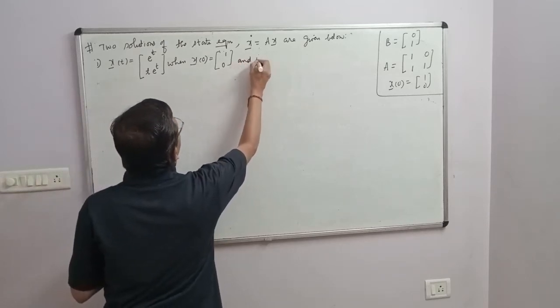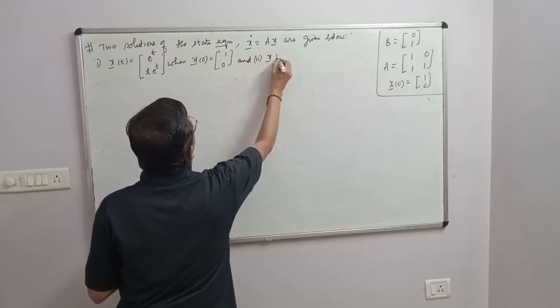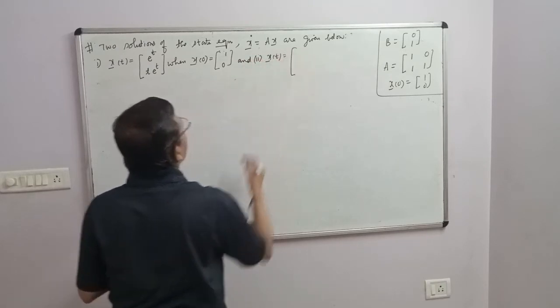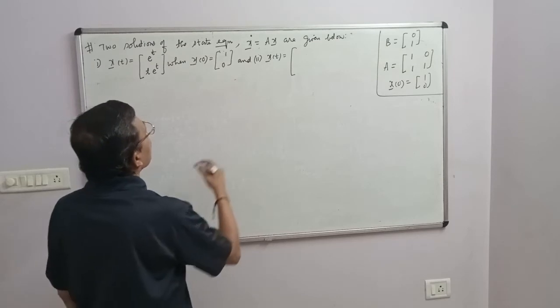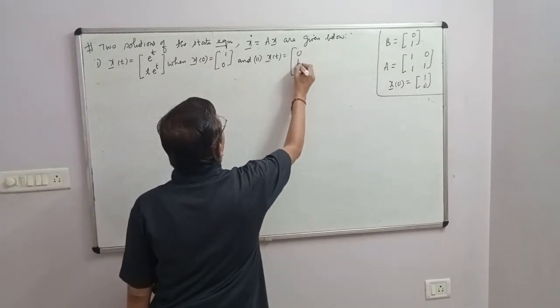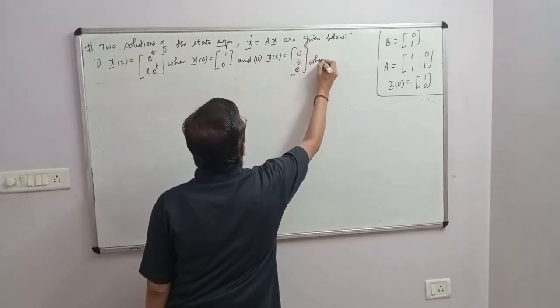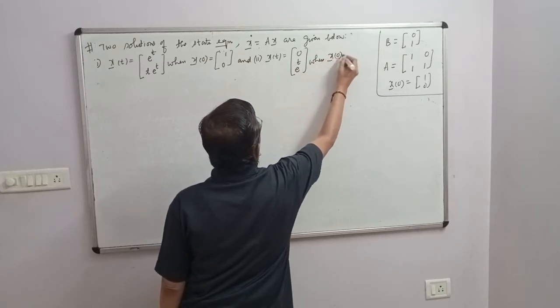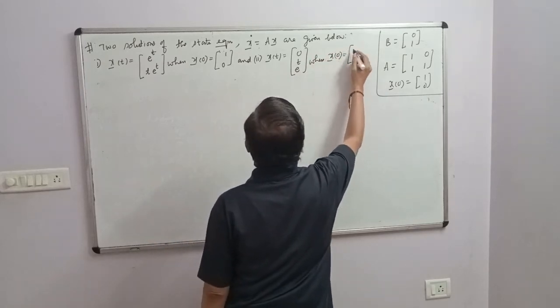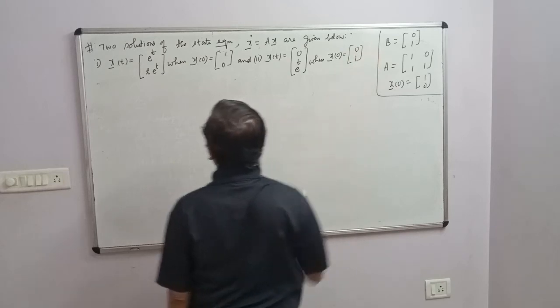And second, x bar of t is equal to 0, e to the power t when x bar of 0 is equal to 0, 1.